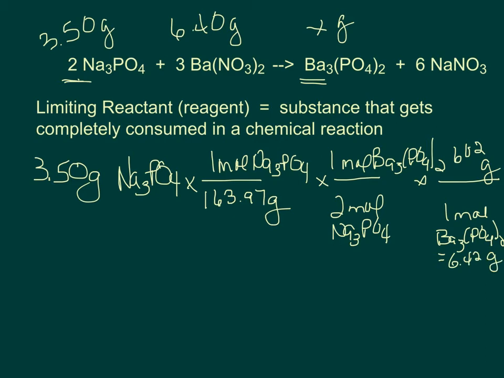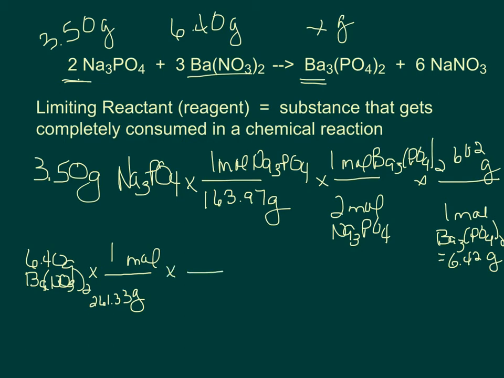Then we would do the same thing with the barium nitrate, the 6.40 grams of the barium nitrate. And we'll follow the steps of stoichiometry again, converting grams to moles, and 1 mole of barium nitrate is 261.33 grams. And after we convert to moles, we do our mole-to-mole ratio.